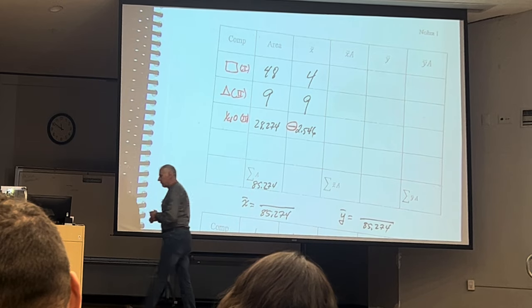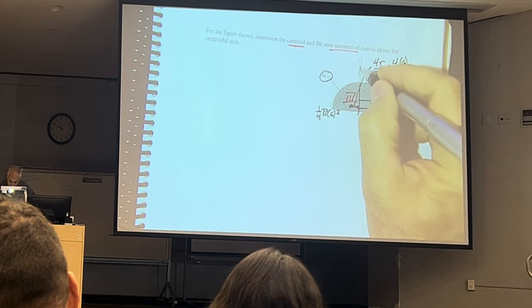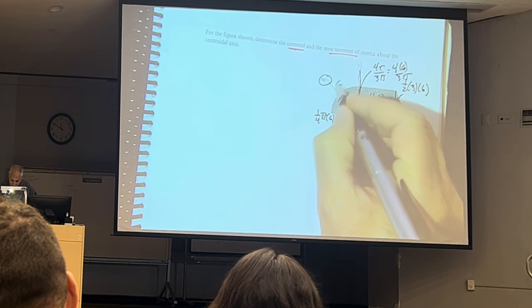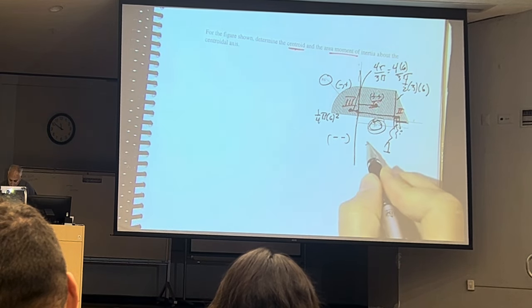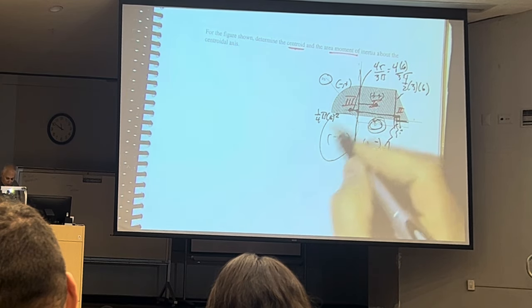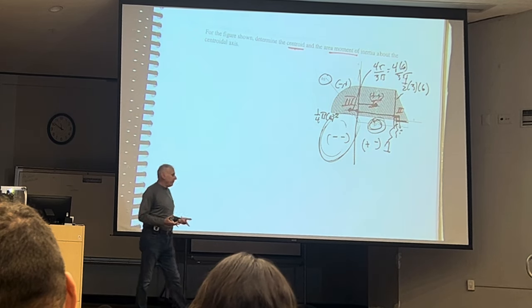If you look at it from the quadrant sake, these are all positives. This is a negative positive. This is a negative negative. This should be a positive negative. So if you have something in this area right here, you should have 2 negatives for the X bar and the Y bar.